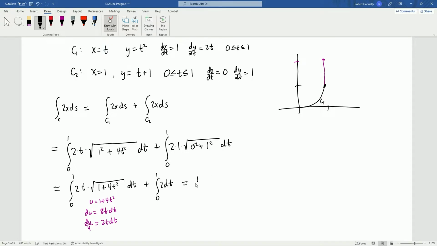So this becomes 1/4 the integral. Now, my bounds need to change, so when t is 0, I get 1 for u, and when t is 1, I get 5 for u. And here we should have the square root of u, which is the same thing as u to the 1/2 power, du. Plus, now this integral is pretty straightforward. I'm just going to get 2t evaluated from 0 to 1.